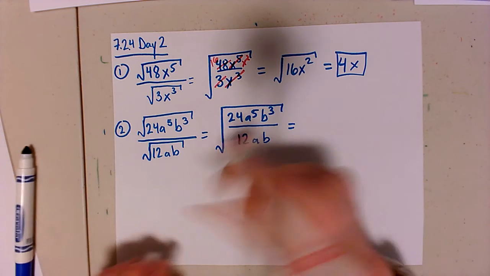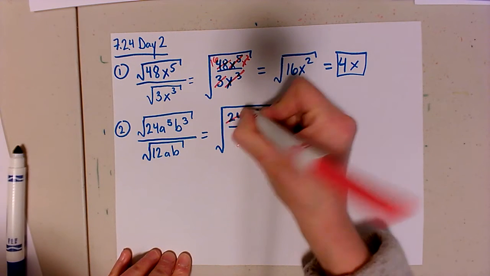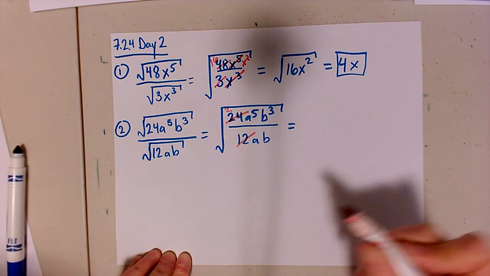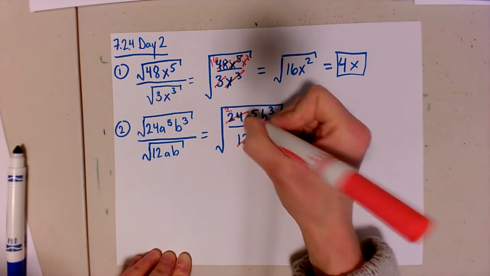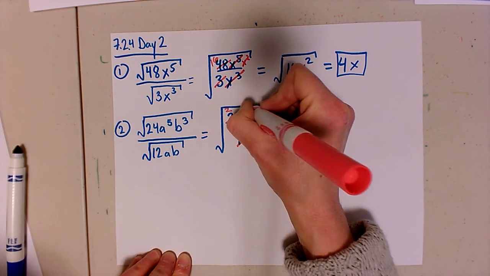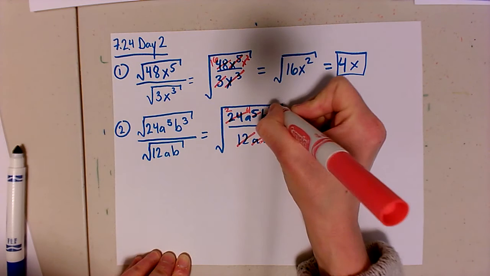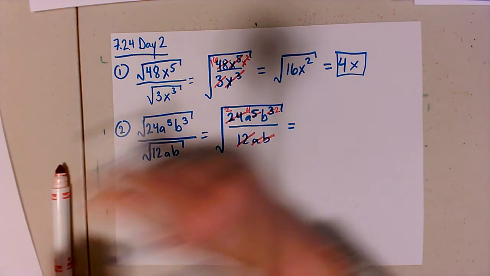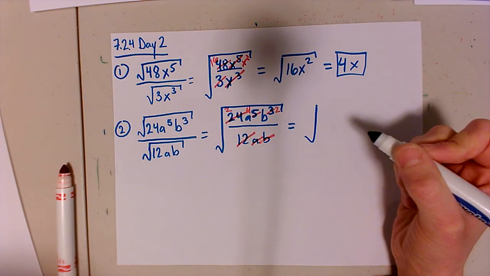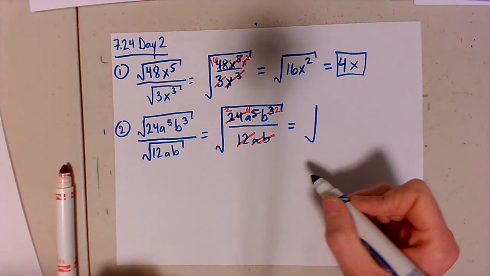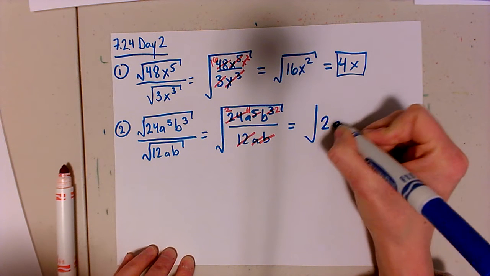So my 12 disappears, 24 turns into a 2. This a would disappear, and the a to the 5th would turn into an a to the 4th. This b disappears, and that b cubed would turn into a b squared.